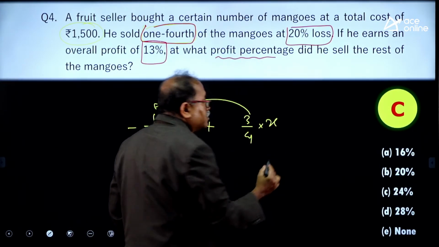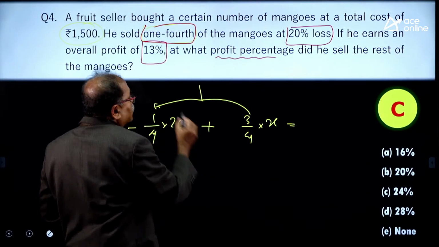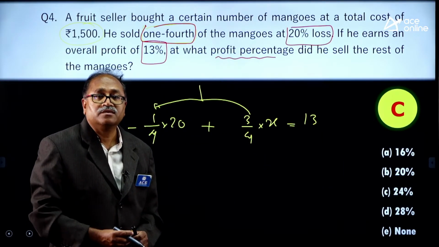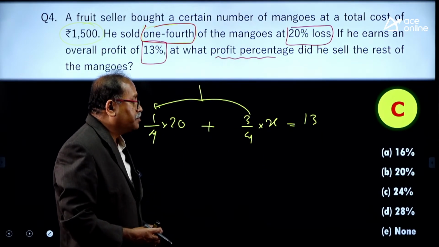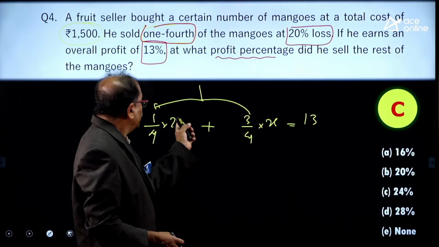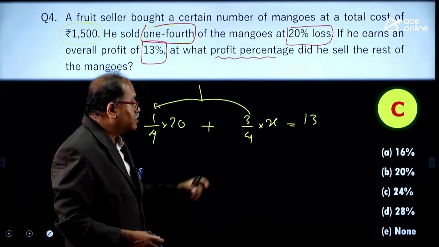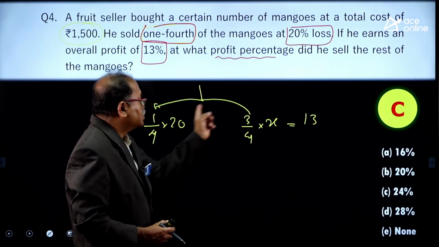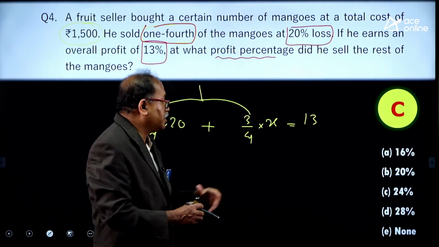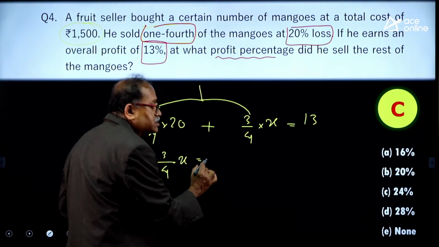I will write that as x% profit and the overall profit is already given to you, that is 13. Done. By solving this you are getting the x value. So, what is the total I get over here? When the 4 goes the other side, the minus 4 will become plus 4, which is 17 plus 1, so 18. So, 3 by 4 x is equal to 18. I am just writing for your reference, or else this question is so simple.